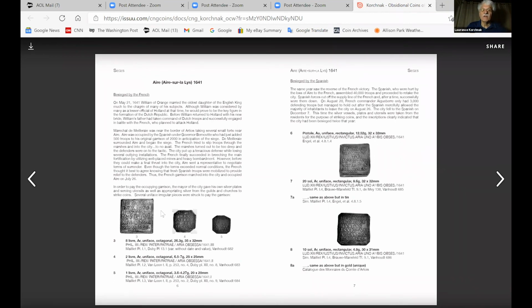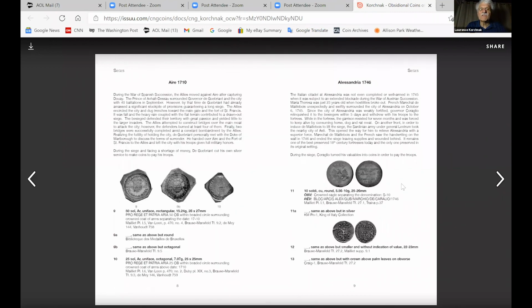If it's something other than that, like this Alessandria siege, 1746 from Italy, well, I've got these from sources, so I use mine as the touchstone. So I look for dies, I look for die characteristics to authenticate a siege coin before I buy it. And that's very, very important because it's easy to make fakes of them.